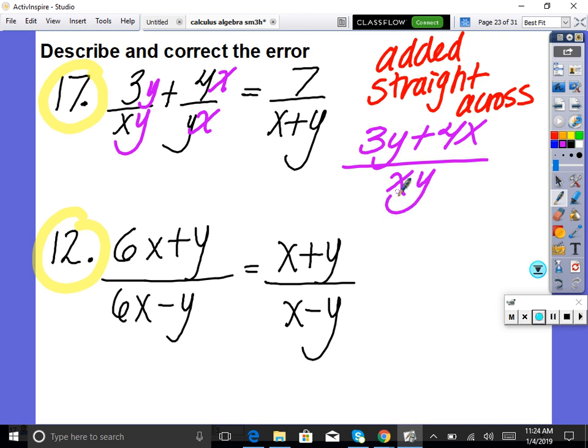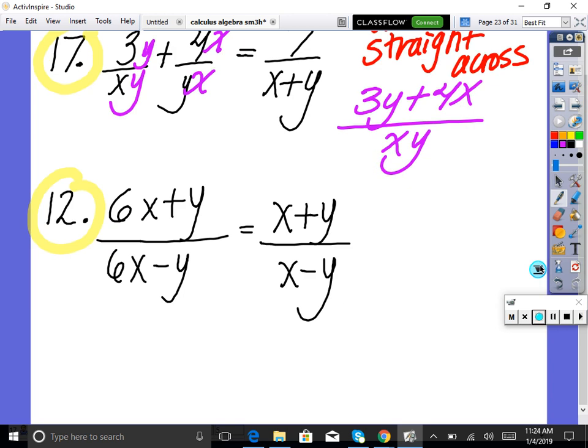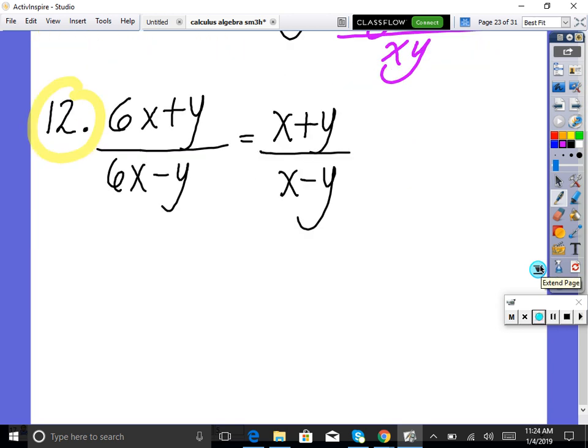Very good. All right, I can see on number 12 very clearly what this student did. Can you? What'd they do? They divided across the addition sign, didn't they? That's dividing across addition.